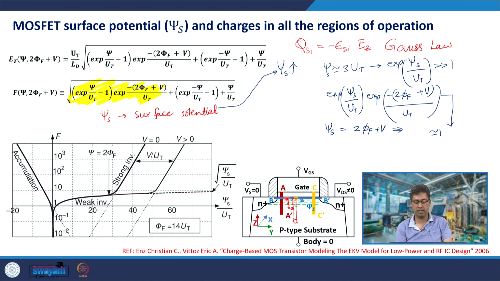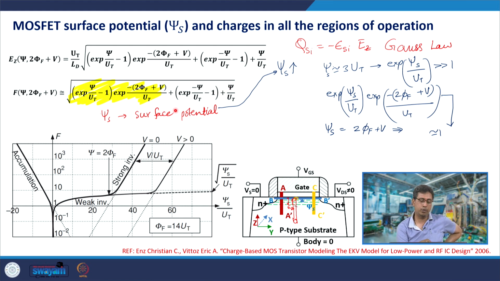At this location, the local surface potential has increased to v. It was 0 here, it is VBS here, and here it is v. So when chi s is equal to 2 phi f plus v, this first term becomes equal to 1. After that, it increases exponentially from 1, and this third term, the depletion charge per unit area looking from the top, increases linearly with chi s.